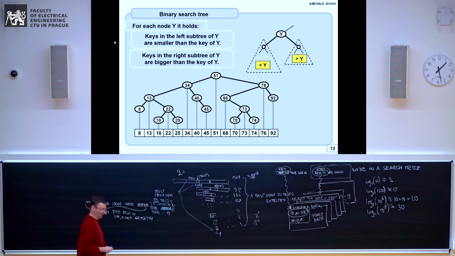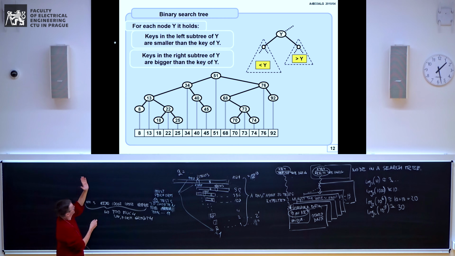If you now perform an in-order traversal of the search tree, and you print out all the values in that in-order order, then you will get the sorted sequence.